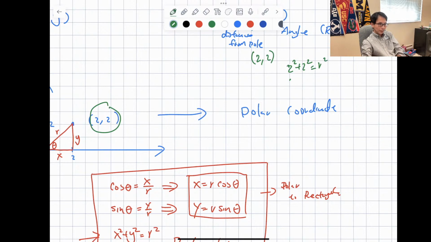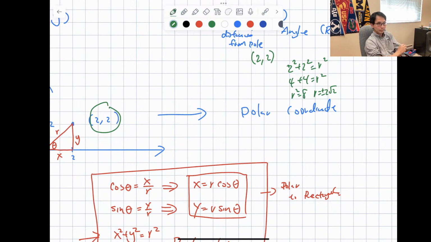So 4 plus 4 equals r squared. r squared equals 8. r is equal to plus or minus 2 root 2. You can get plus, you can get minus. Is that okay? I'm just going to go with the positive, 2 square root 2.